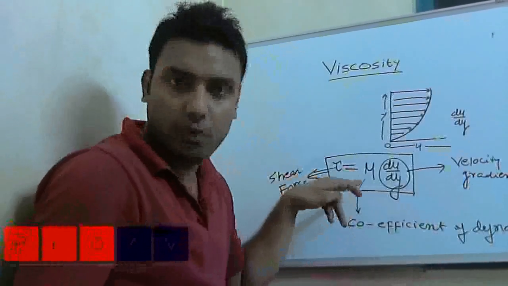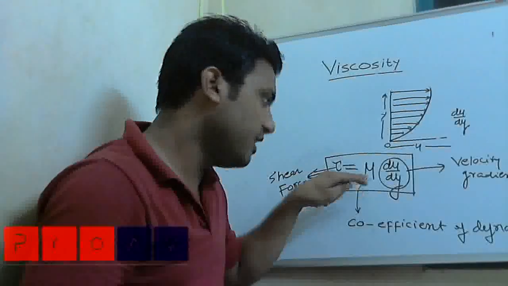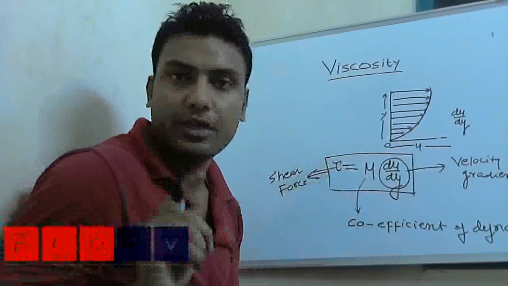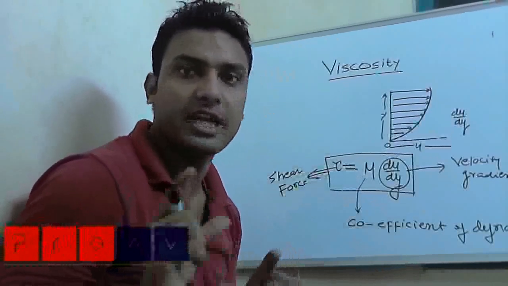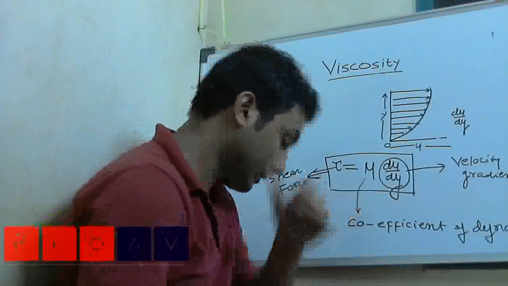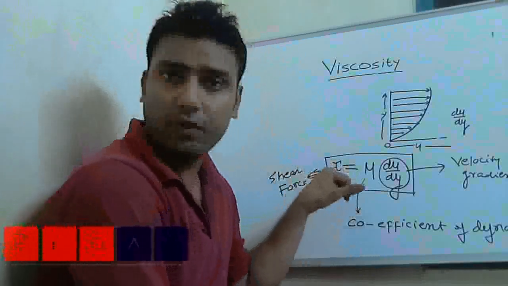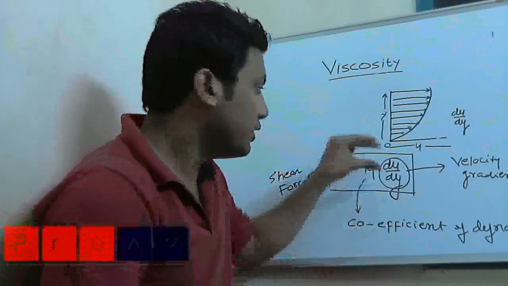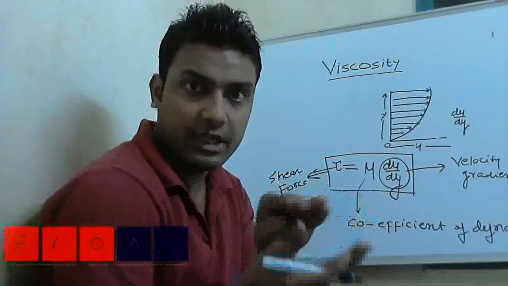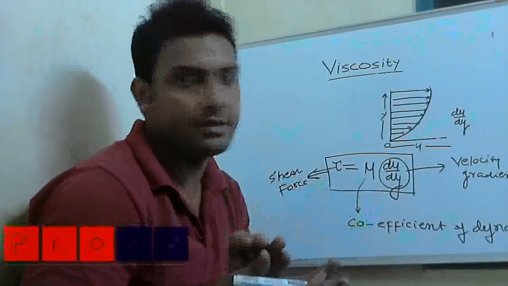If mu is not visible, it is the dynamic coefficient of viscosity, that is mu. So shear force is equal to mu du by dy always. Du by dy is the velocity gradient existing between the layers.